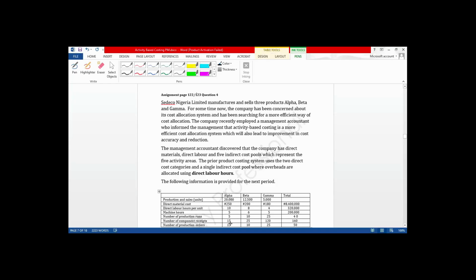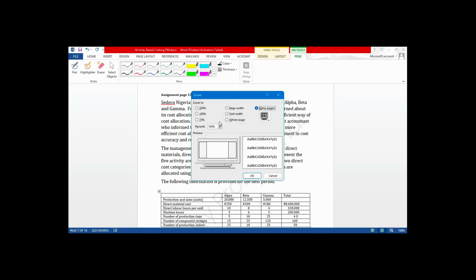If you look at it, to produce 1 unit of product alpha, you require 10 labor hours. 1 unit of product beta, 8 hours of labor. 1 unit of product gamma, 4 hours of labor.